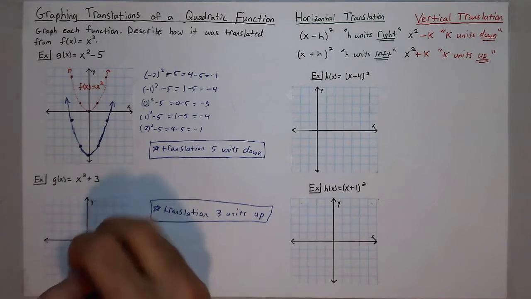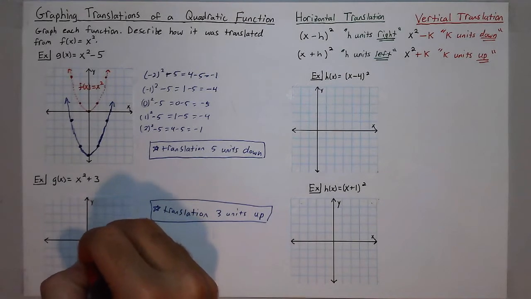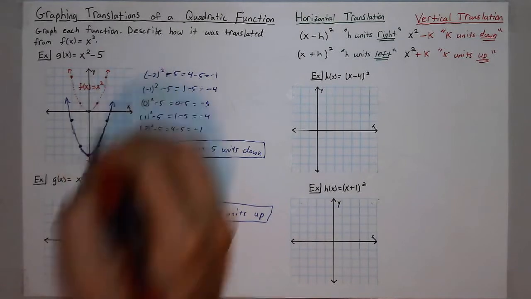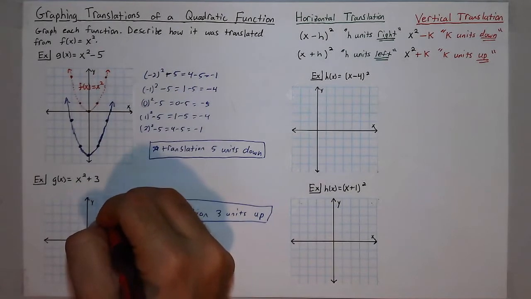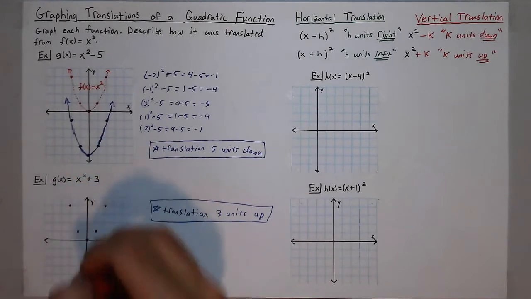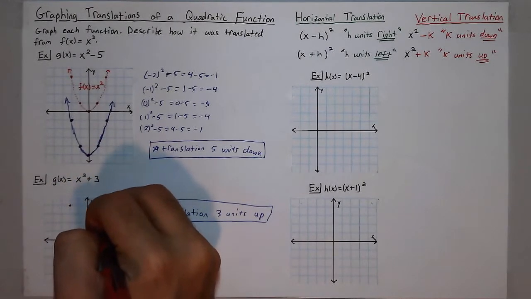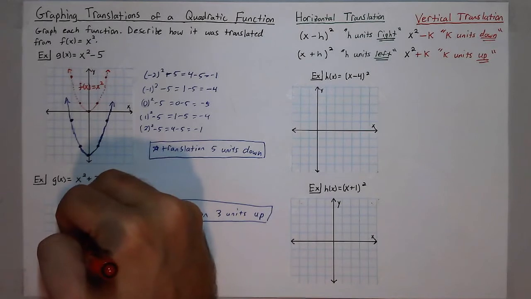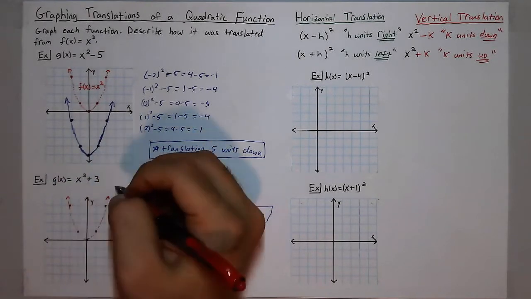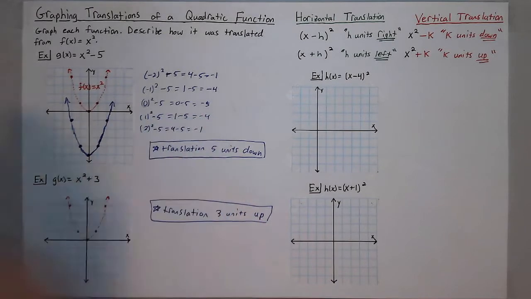So if my graph was originally at 0, 0, 1, 1, I'm just copying what the original parent graph is. 2, 4. Then every one of these points from that parent function would all move up 3 units.